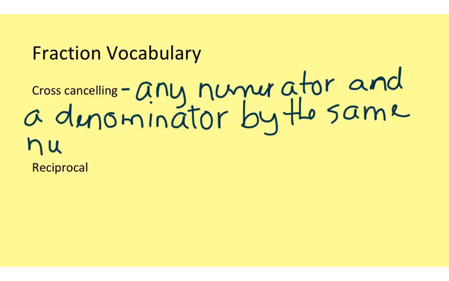This should make sense to you because we've done it before, but if it doesn't, hang on until we get to multiplying fractions, and then I'll show you what cross-canceling does, okay? Any numerator and a denominator, but it has to be one numerator, one denominator inside the problem.